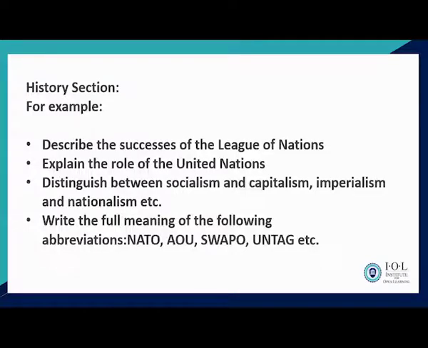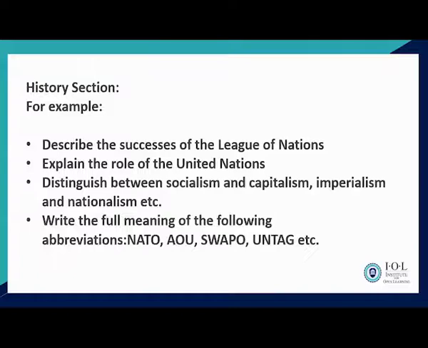In history, there are a lot of abbreviations, especially if you look at the ones that I've used here as an example. You can be asked to write out the full abbreviation of NATO, so it means that you need to know what the full abbreviation of NATO stands for. It's also the OAU.